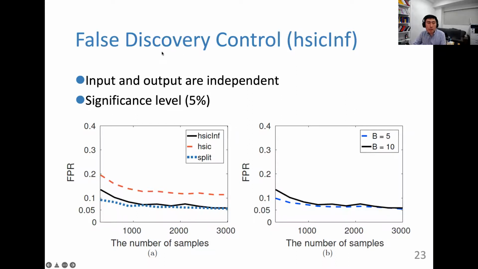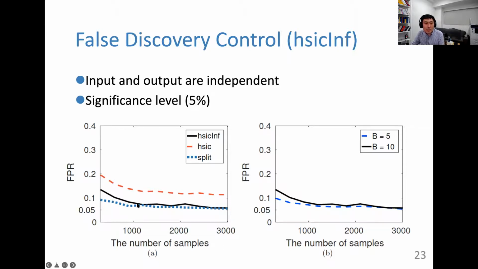First, we want to check whether we can control the false discovery. So here we set the input and output completely independent. Because they are independent, we do not want to detect anything. We set the significance level at 5%, so we want the false positive rate to be 5% here.